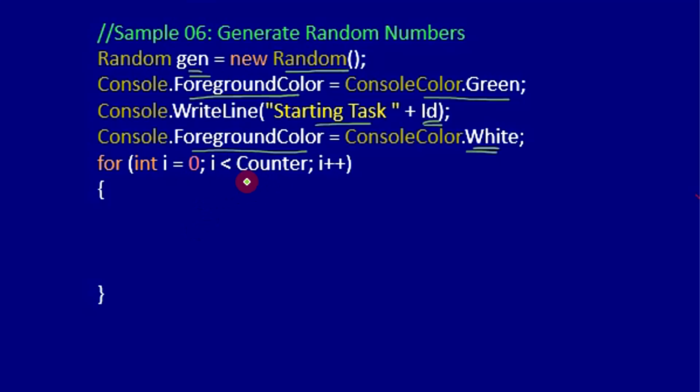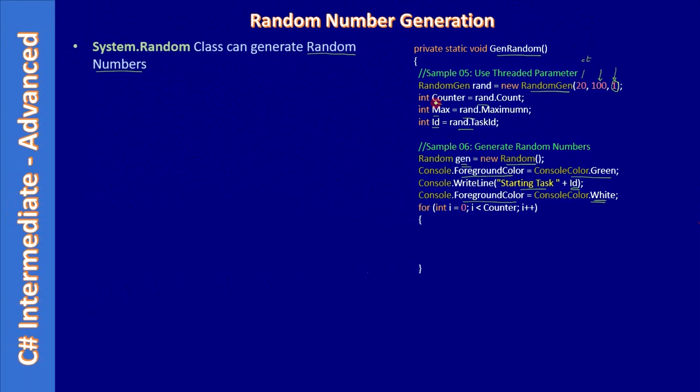Then here we are running the for loop based on the counter. Counter is from this one, count. So the first parameter tells how many random numbers we want to generate.